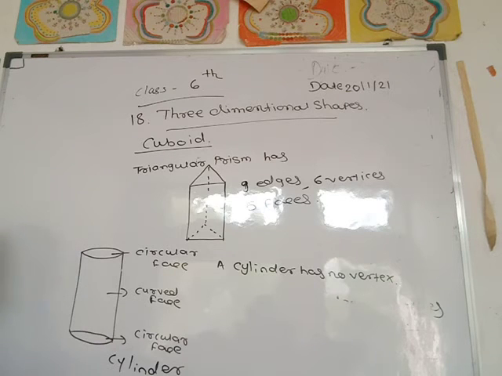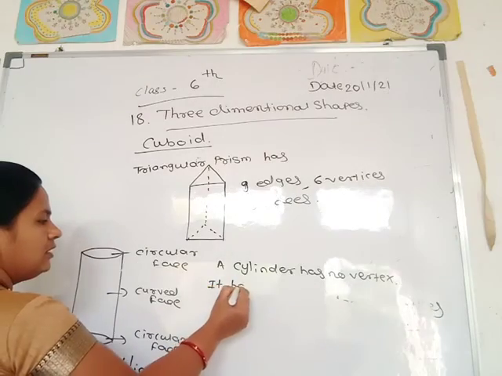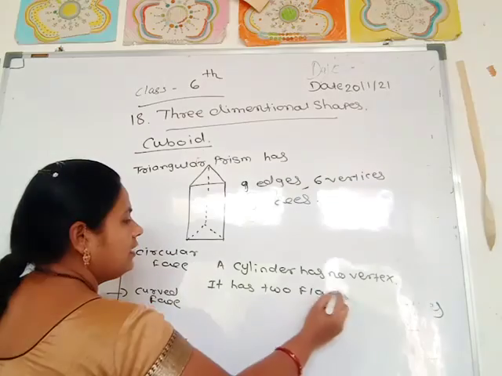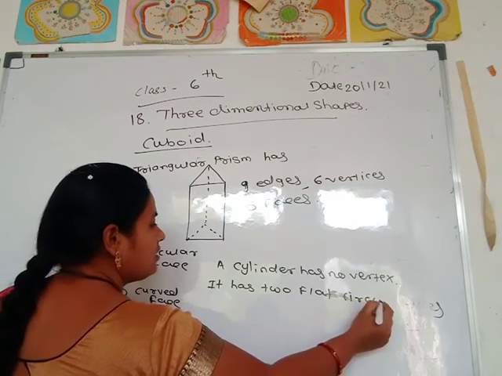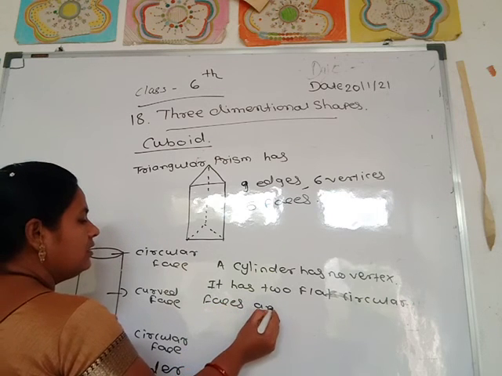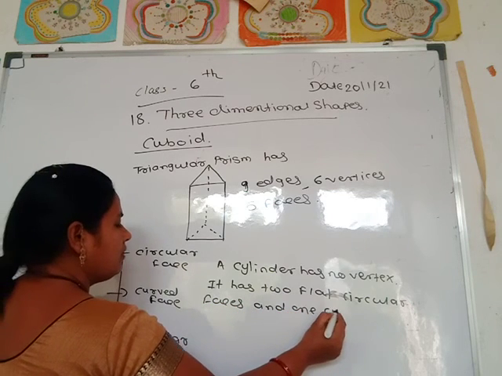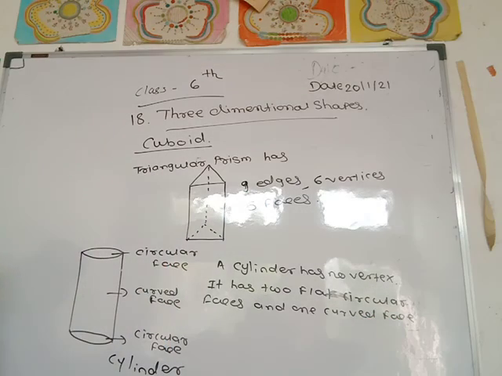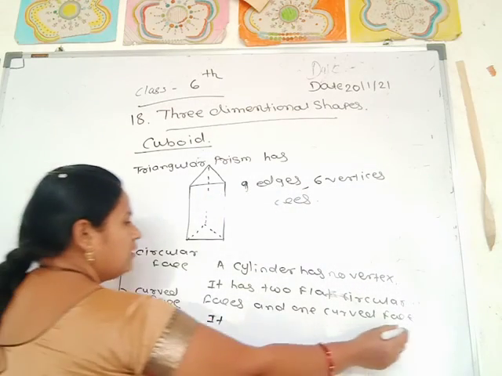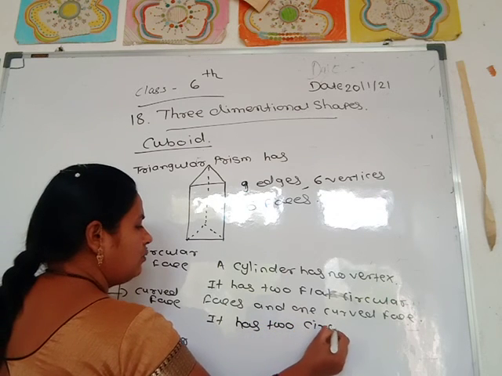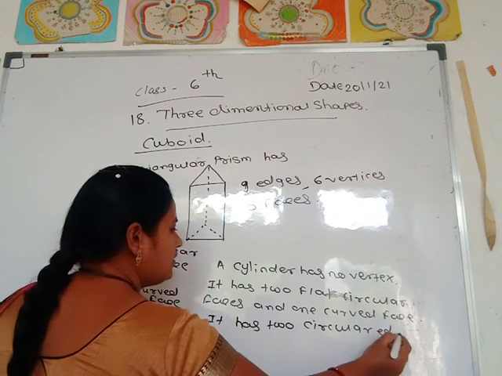It has two flat circular faces and one curved face. And it has two circular edges.